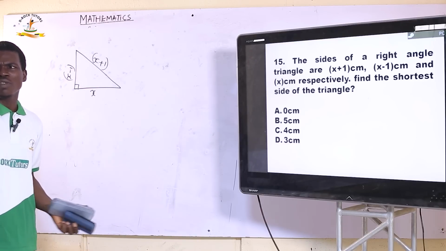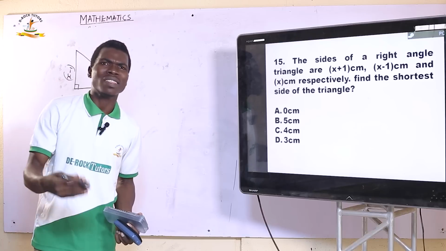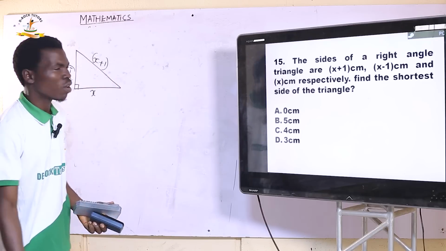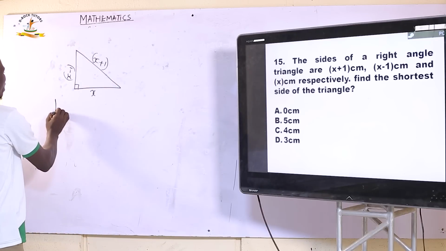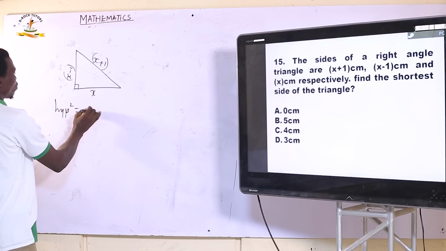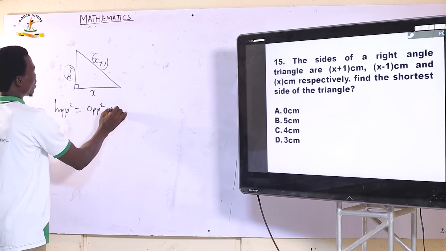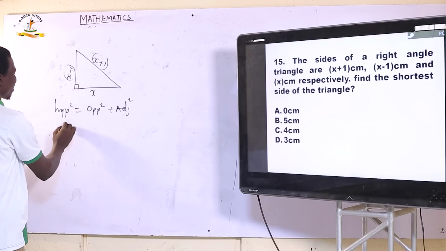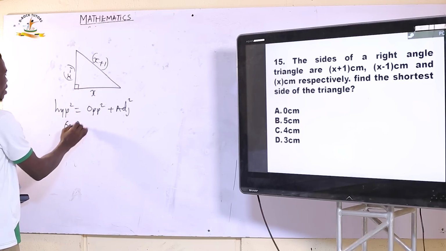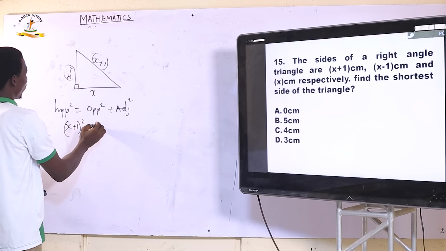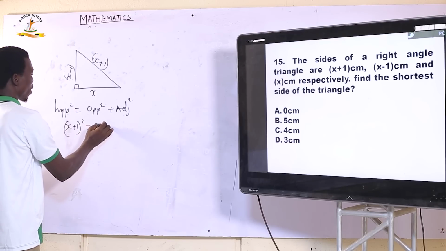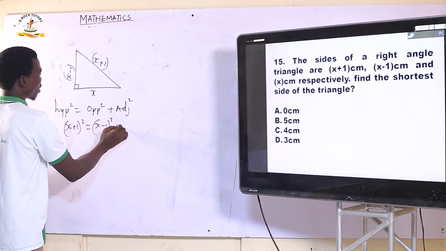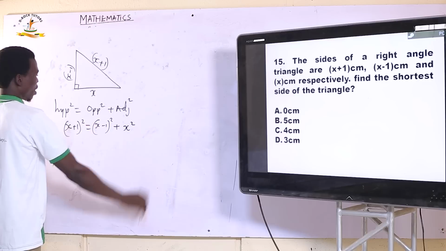However, how do we solve this problem? By the Pythagorean theorem. Because the Pythagorean theorem says hypotenuse squared equals opposite squared plus adjacent squared. So our hypotenuse, x plus 1 squared, equals x minus 1 squared plus x squared, that is the adjacent squared.